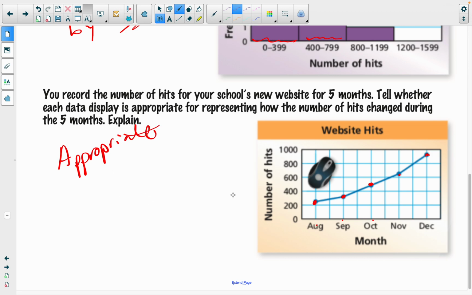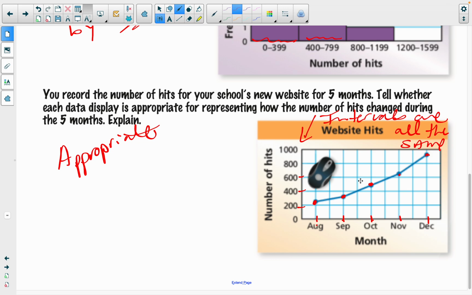And it's evenly, the intervals are good. So we can see that the intervals are all the same. They're by 200s, and we can see that each month is represented.